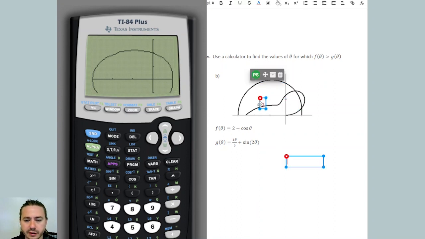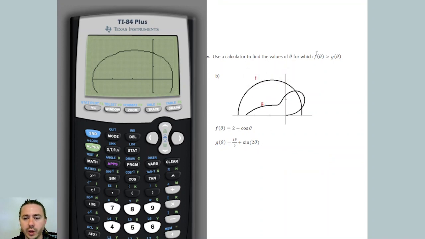Okay, the importance here is that we need to decide when F is greater than G. So imagine you are the terminal side of an angle measure and you're just kind of going around like this. Starting at 0, F is greater than G here. The circle is further away from the pole than the peanut. But once I hit this intersection, the peanut, or graph G, becomes greater until I get to this intersection, and then F takes over again.